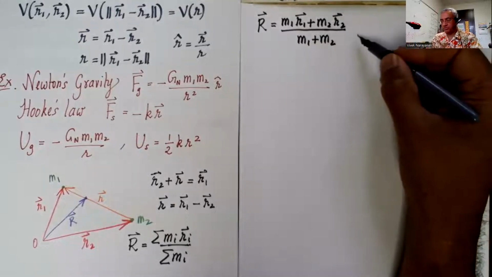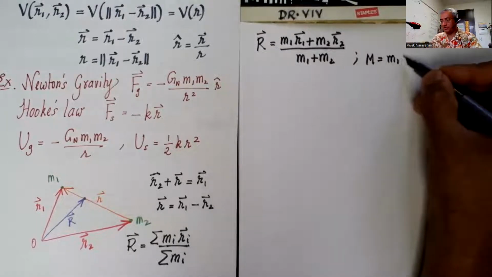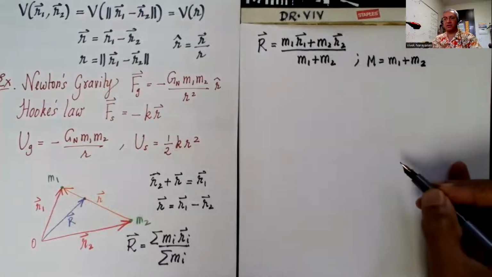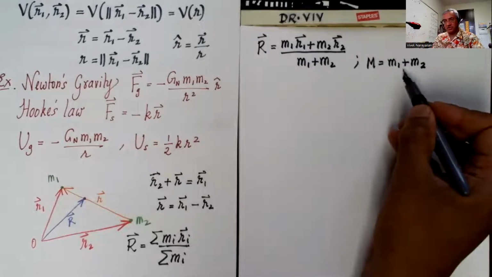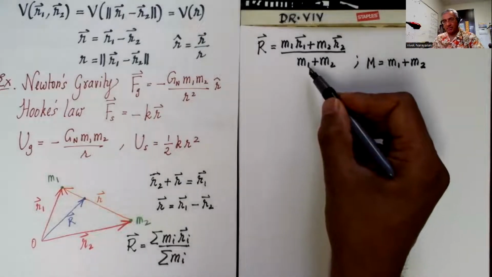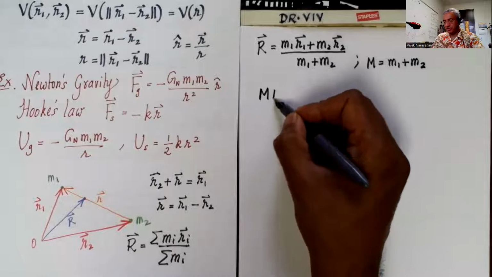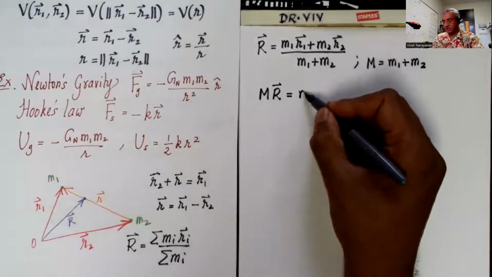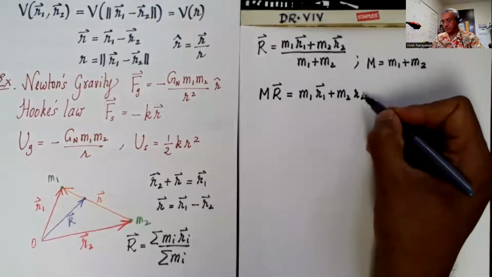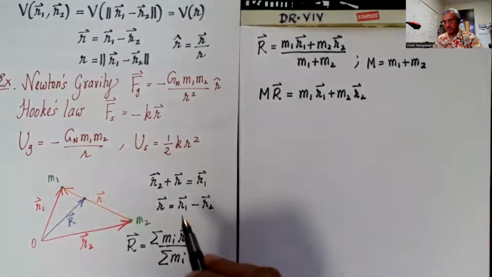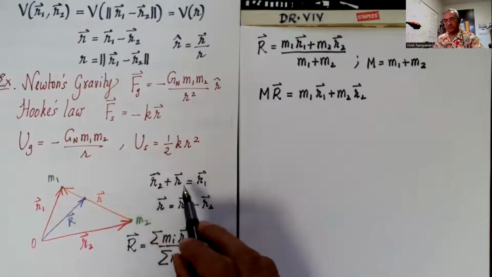I'm going to also invent capital M, which is simply the sum of the two masses. Okay, now because of that, I can put capital M in the denominator and multiply through by capital M. So I'm going to get MR equals M1 R1 plus M2 R2. And here I'll use R2 equals R1 minus the relative vector.